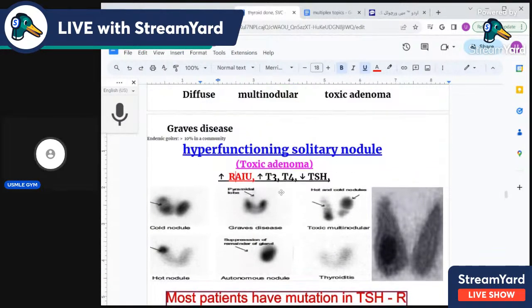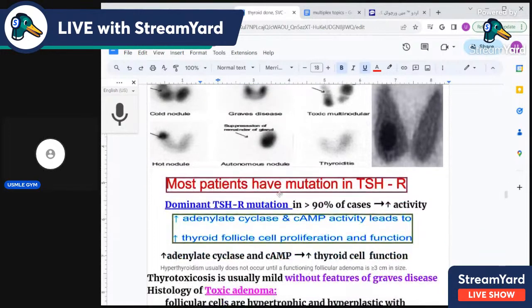So what's the cause of the hot nodule? Most patients have a dominant mutation in the TSH receptor that increases the activity of the cells in this nodule, and this occurs in more than 90% of cases.